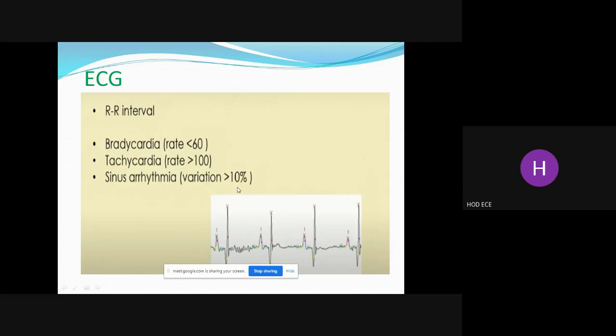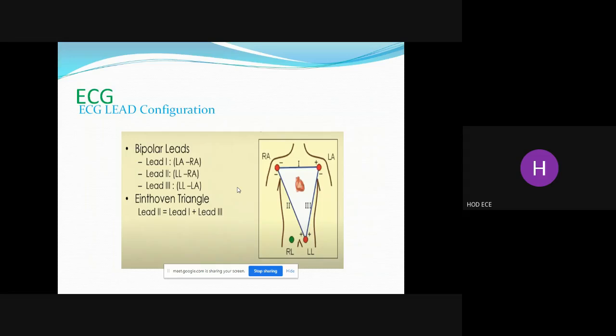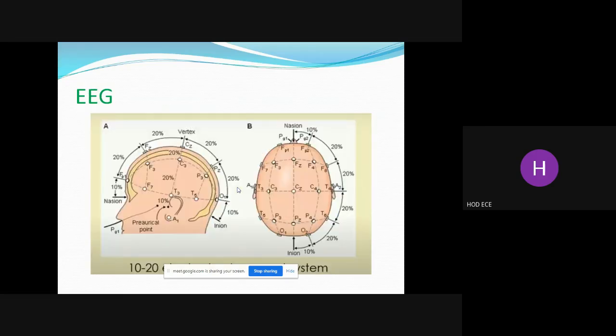So this analysis of the PQRS wave is very important regarding amplitude and time instance. And this picture shows the electrode positions on the body. Next, coming to the EEG, the electroencephalogram.